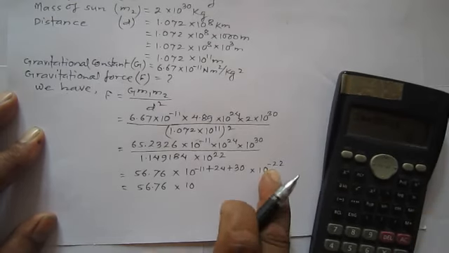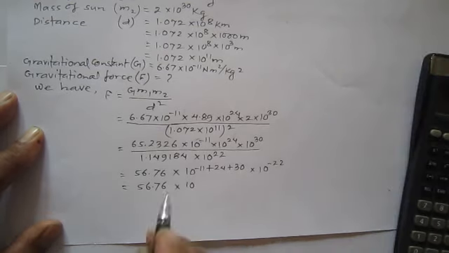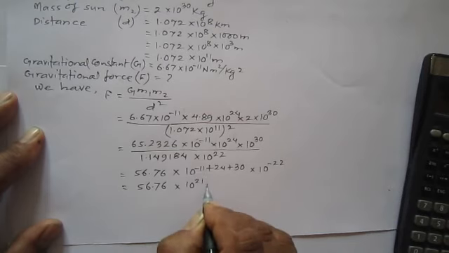And if we take minus 22 at the same time, this is equal to 21. That's why 10 to the power 21 is the answer.